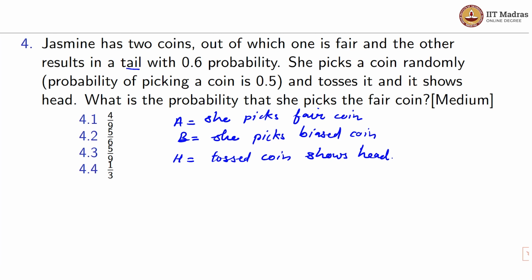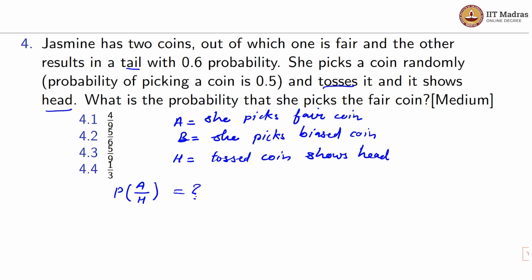So she picks a coin randomly and tosses it, and the tossed coin shows head. What is the probability that she picks the fair coin? So we are asked the value of the probability of A given H. That is, if the tossed coin shows heads, then what is the probability that it is a fair coin? That we have to calculate.